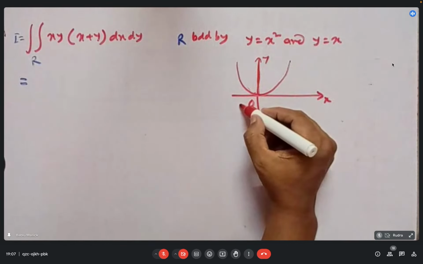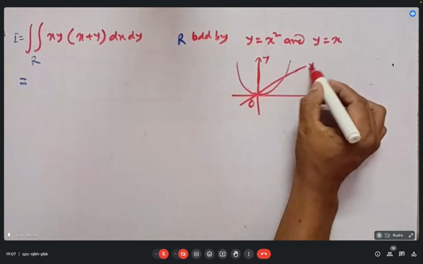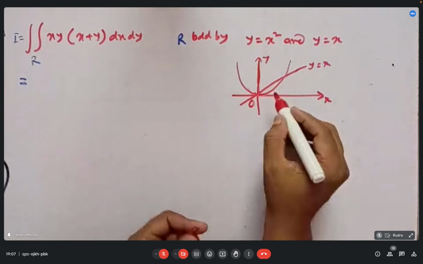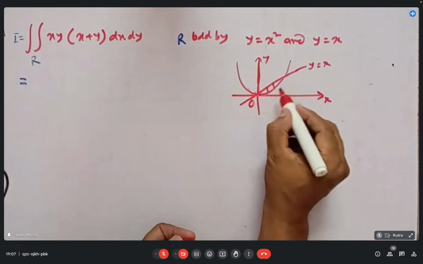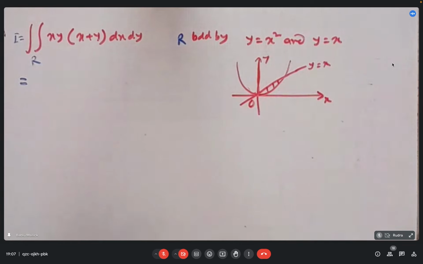And y is equal to x is this line. So this is the region R.